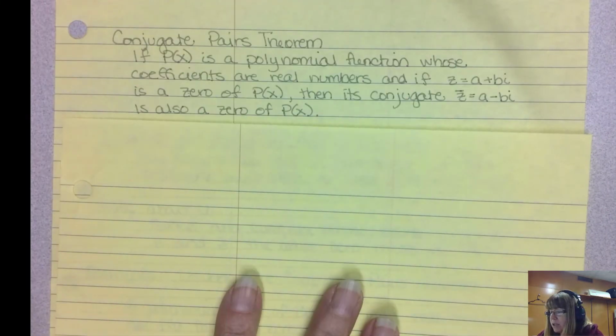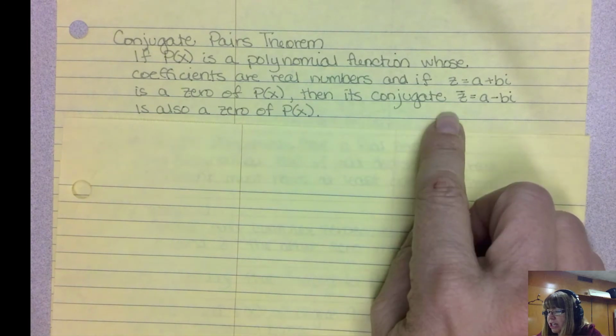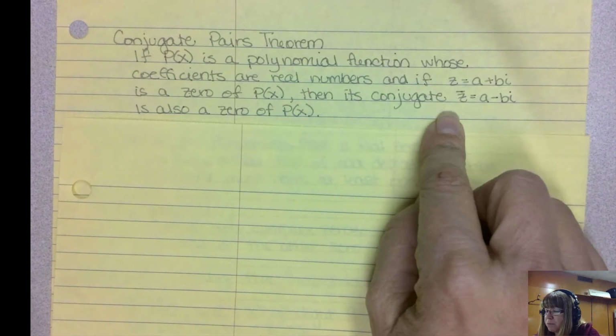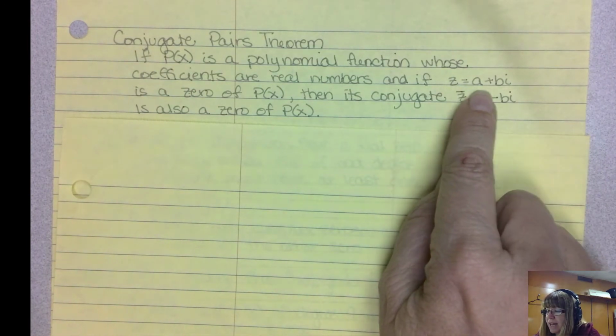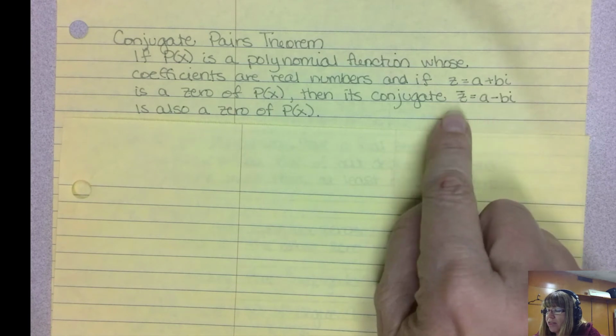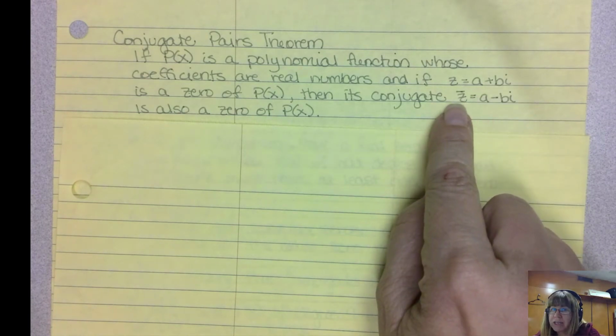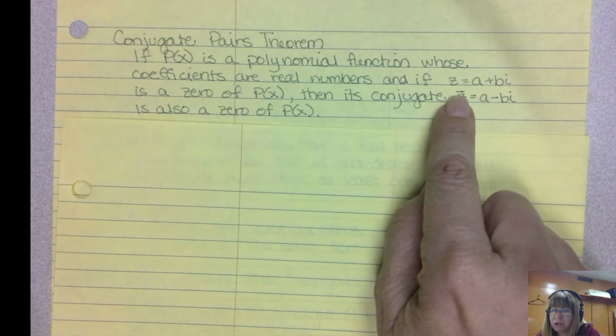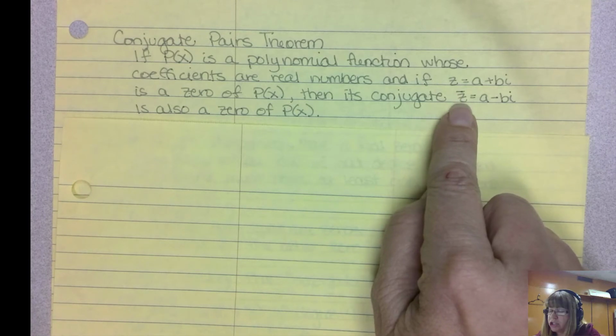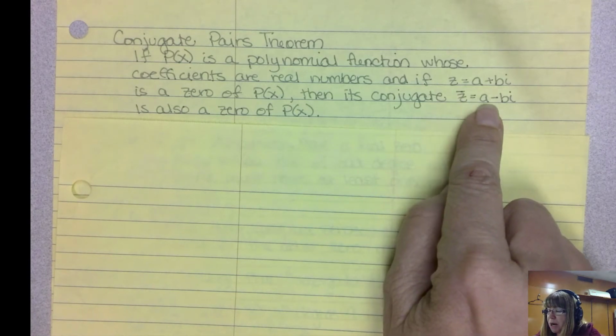Now, I kind of talked about it already, but we have what's called a theorem that says when we have a complex number as our 0, we also have its conjugate. If we have some complex number z equals a plus bi, then also one of its zeros is the conjugate, z with a line over it, and that equals a minus bi.